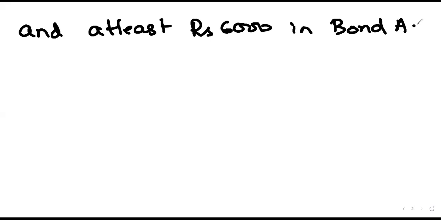So in bond A, that person is thinking of investing at least 6,000, that means minimum 6,000, while the maximum is 12,000 rupees in bond B. Why? Because possibly there is a high risk in bond B. That is the reason this person may not be willing to invest more in the second type of investment.